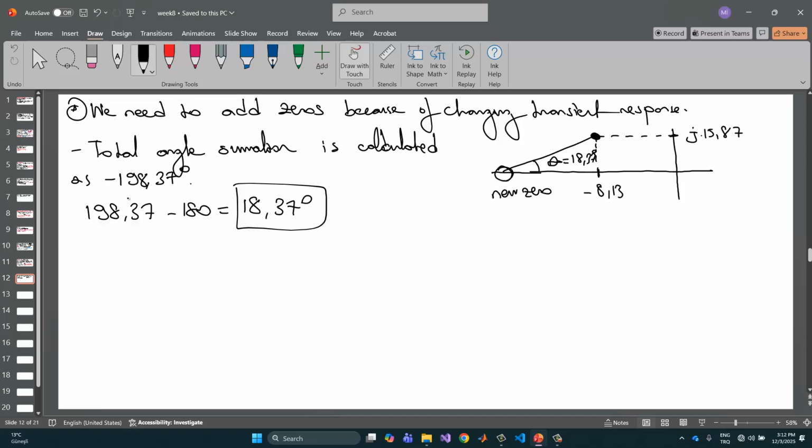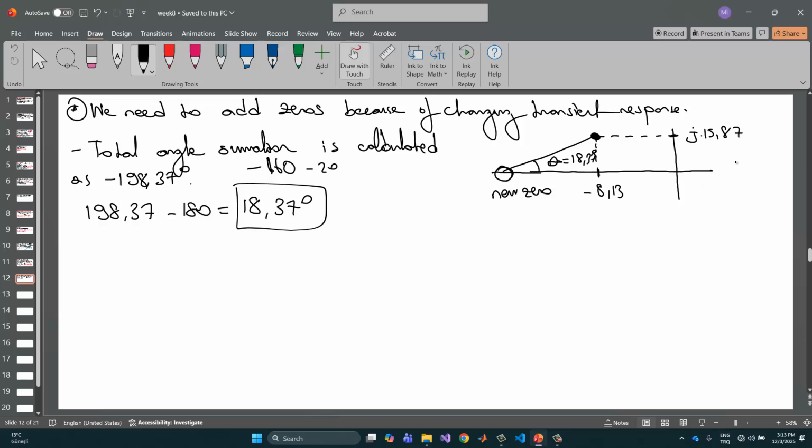For example, this degree value is 160. And in order to add the new zeros in here, just like this one, minus 20 cannot be added in here. We should give the what? This one. And so, at the right location.